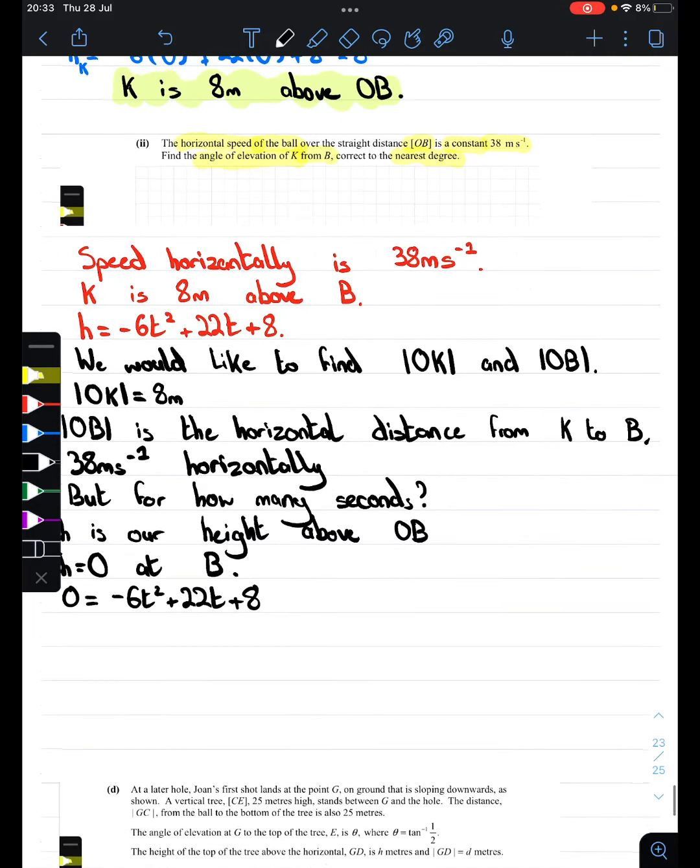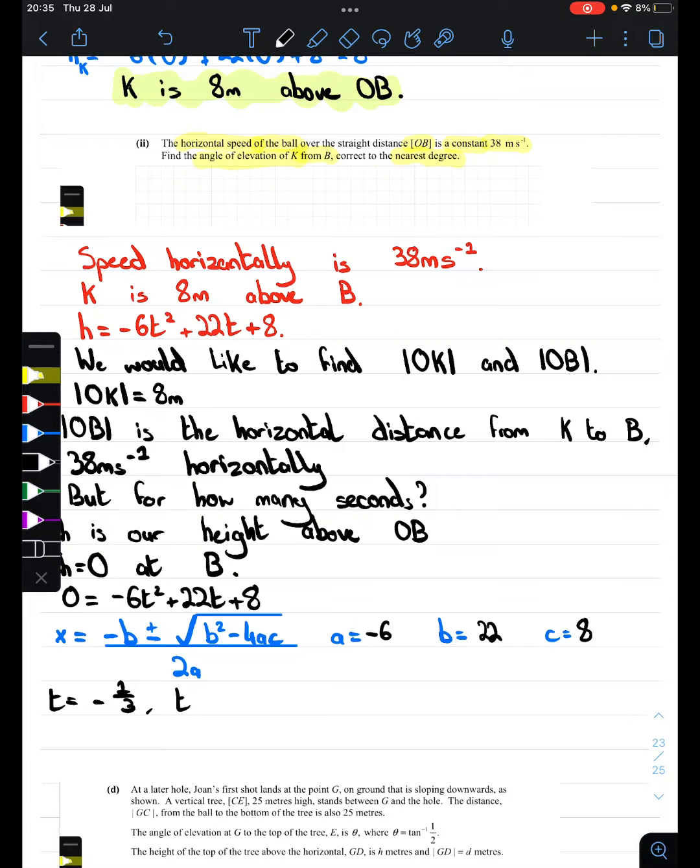If we use the quadratic formula, x equals minus b plus or minus the square root of b squared minus 4ac, all over 2a, where a equals minus 6, b equals 22, and c equals 8, we get t equals minus 1/3, or t equals 4.